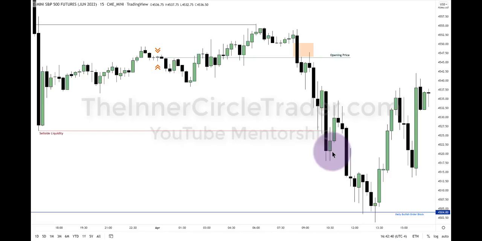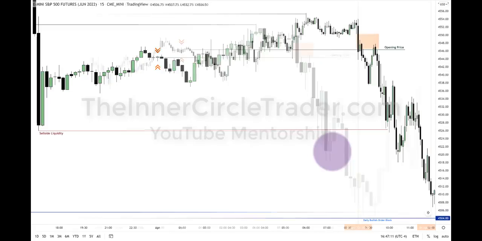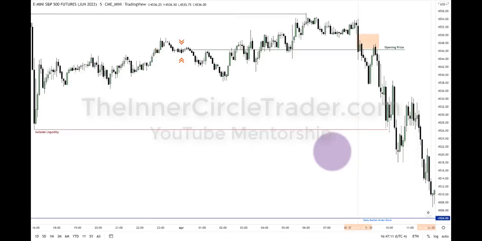What did I mean by that? Because I read one guy saying he can't even find 4 examples of this, or he can't find that many examples of it forming over the course of a week, let alone a few times in intraday. So we're going to walk through today's price action and show it with clarity.